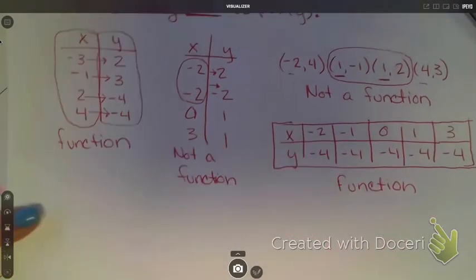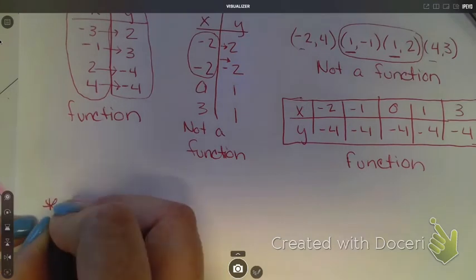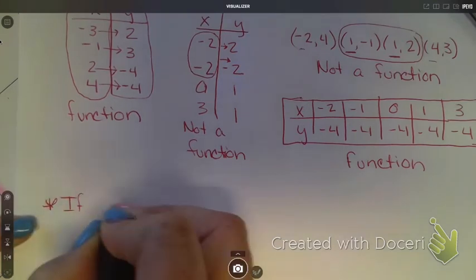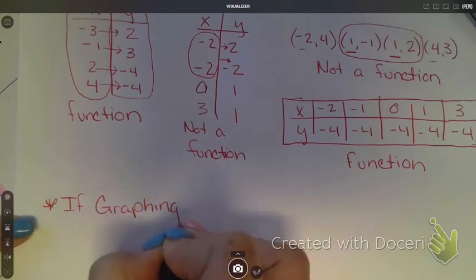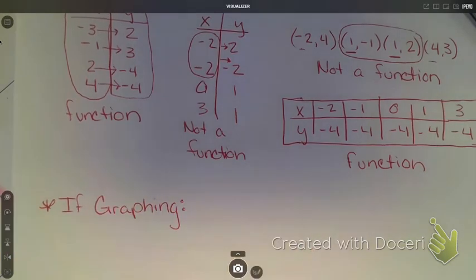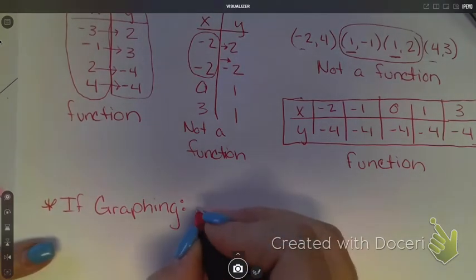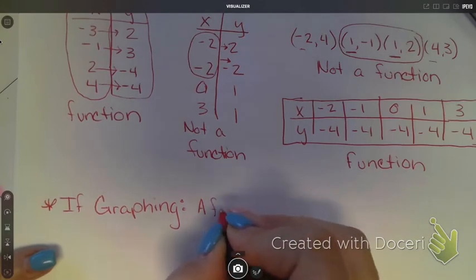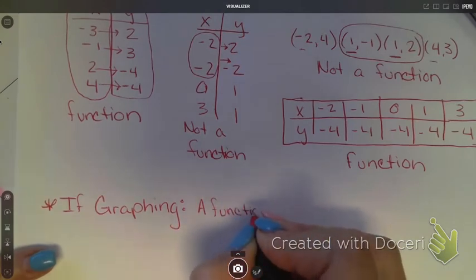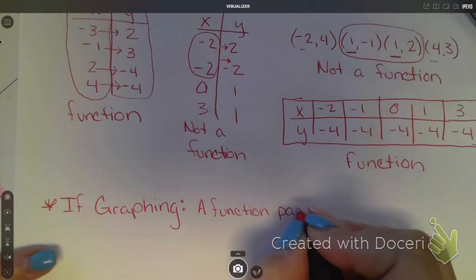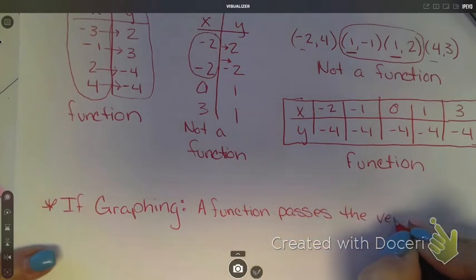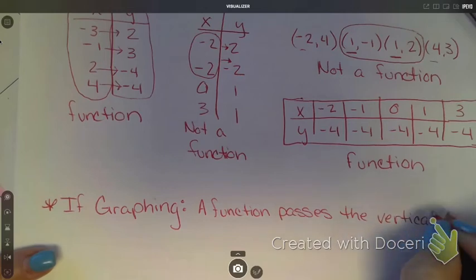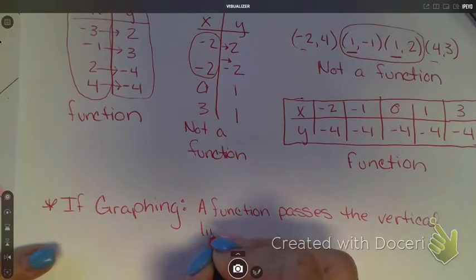But if you're graphing, this is like graphic coordinates. So if you're graphing or looking at a graph, a function passes the vertical line test.